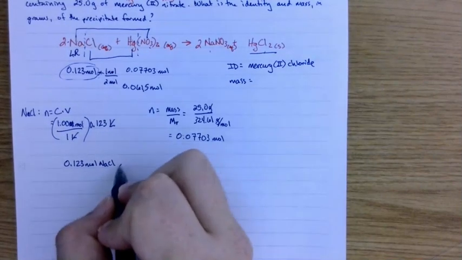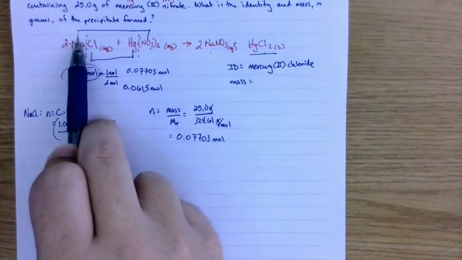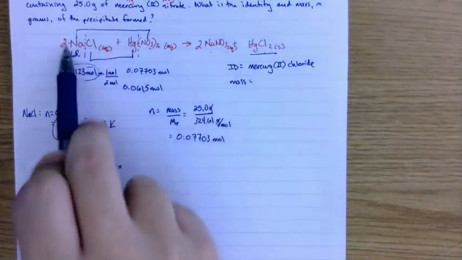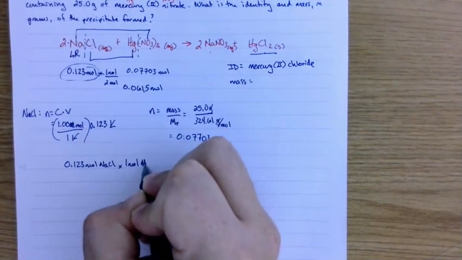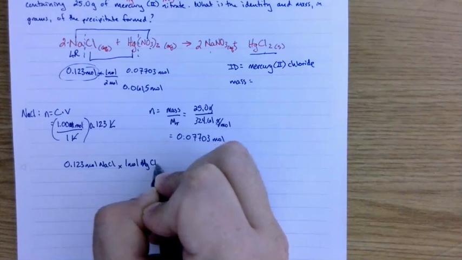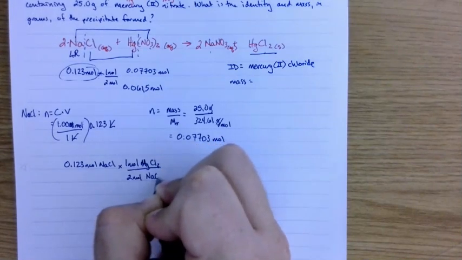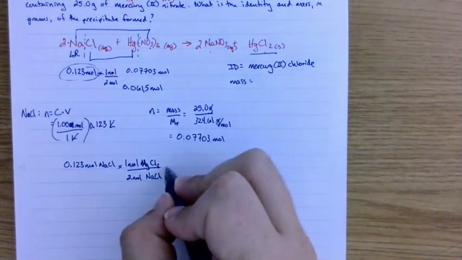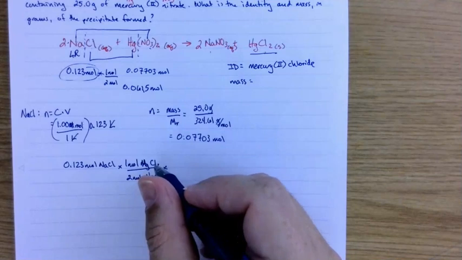We'll multiply by a mole ratio of my precipitate over my reactant, so 1 over 2 again, 1 mole mercury 2, I always try and write M. Mercury 2 chloride over 2 moles of sodium chloride times, now I need the molar mass of my mercury 2 chloride.